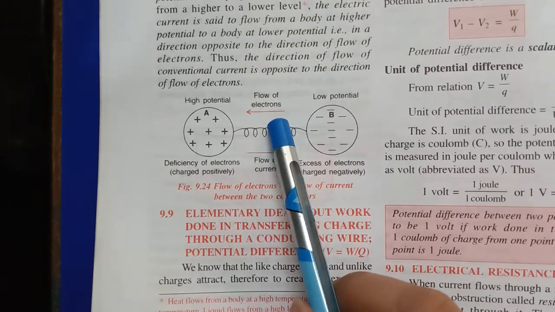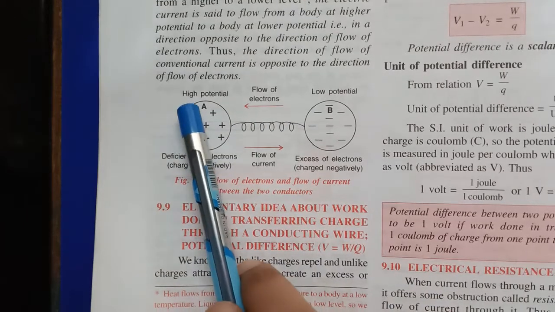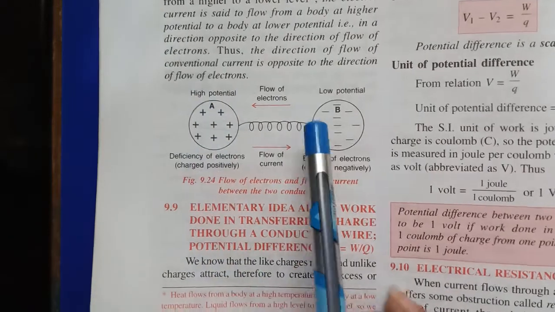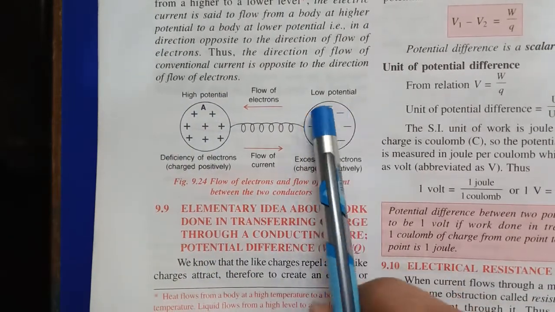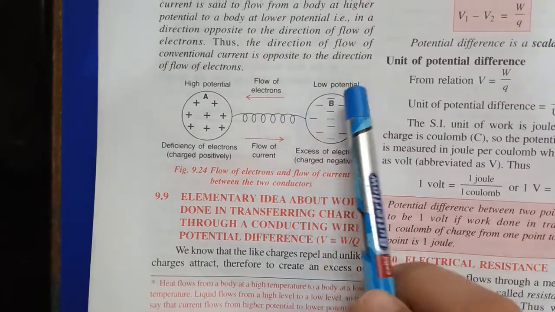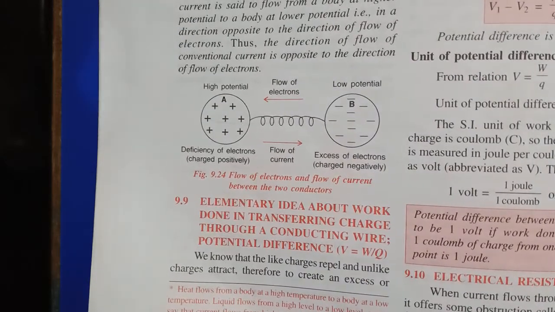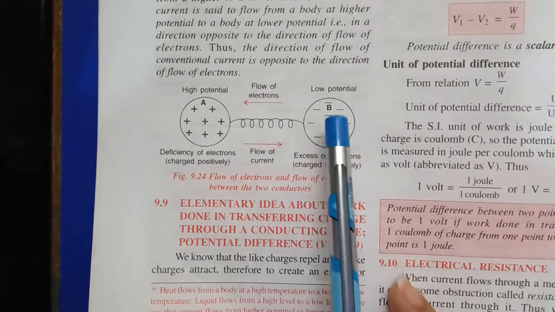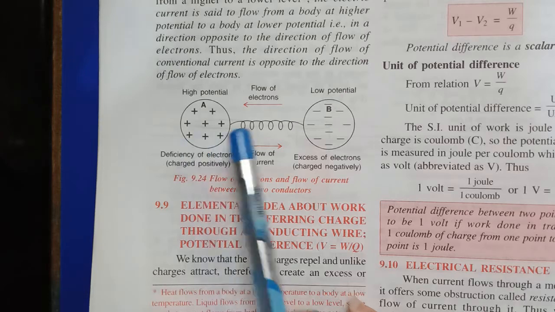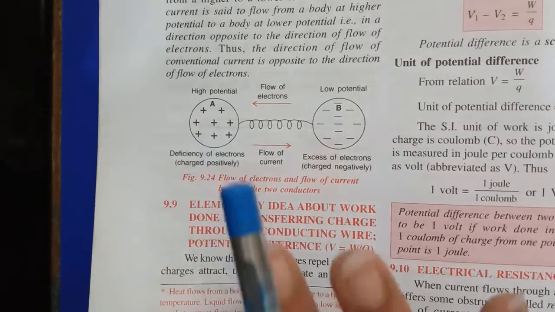Now, another thing you have to remember is the conductor which is having positive charge is said to be at high potential, whereas the conductor which is having negative charge is said to be at low potential. Another thing you have to remember is that the flow of electrons will continue from one conductor to another conductor until the concentration of electrons balances.